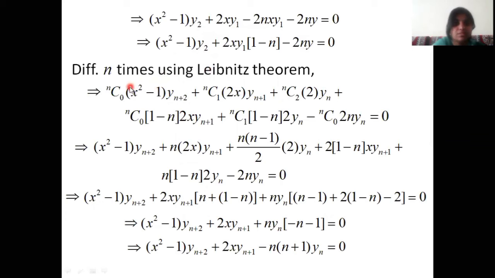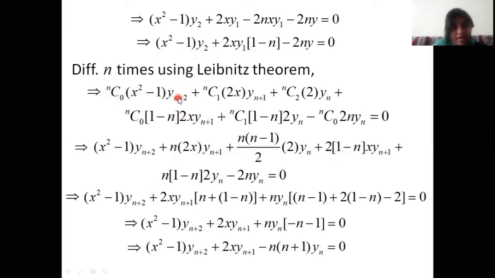Using Leibniz theorem, this is one function and this is another function, so you consider this as u and this as v. Using that theorem, you have nC0, because you are differentiating n times. So it is nC0 (x² − 1) y(n+2).